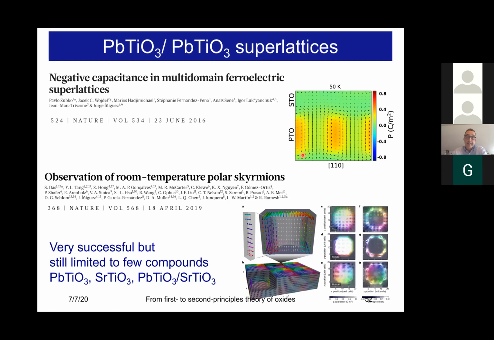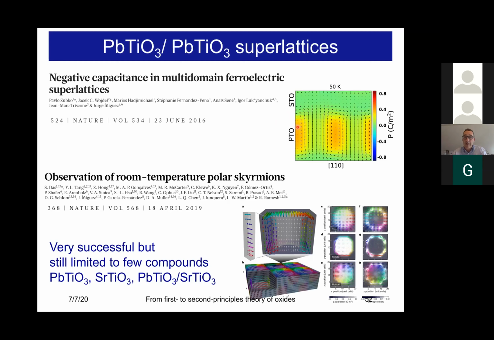That's what you would expect for a film that is without any external screening, and this is something that is very well known in ferroelectrics. So the monodomain configuration will be unstable without some screening of the surface charge.